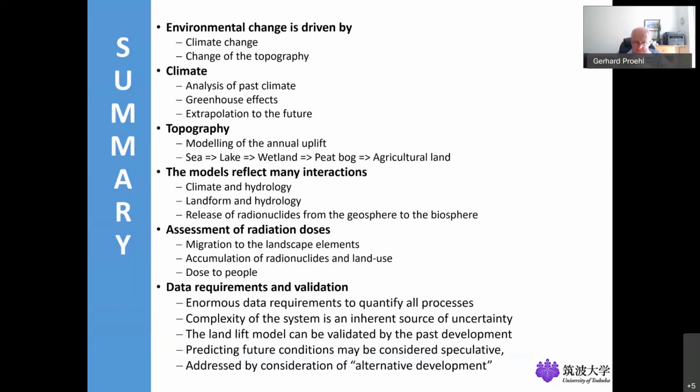As you can imagine, this approach needs enormous amounts of data to quantify all processes and also to model future climates and future landscapes. So that means it is more complex than the analog approach which I have presented before.